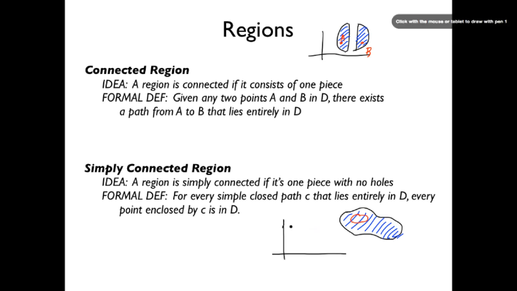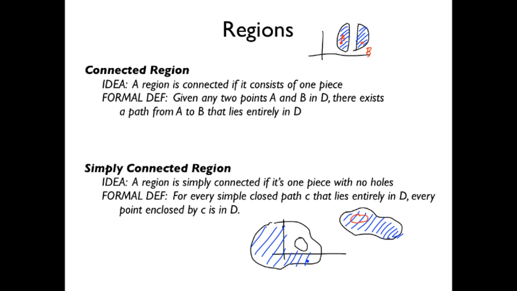But if there's a hole in it, then you could find a path within D such that inside that path there are points that are not in D. If I draw a path C around the hole, the missing part, not every point inside C is also in D. So these points are not in D. That means it's not simply connected, or in other words, there's a hole somewhere in your region.